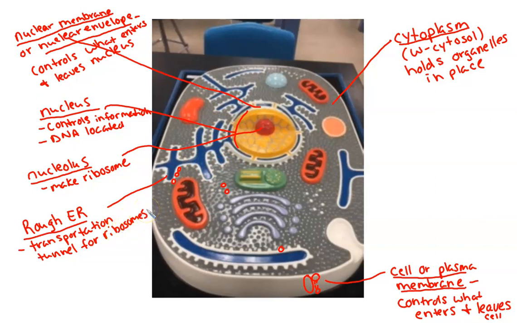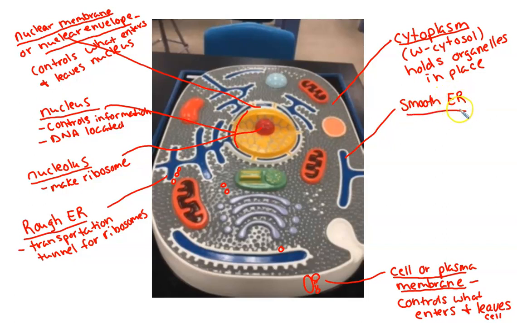While we're doing this blue thing here, you'll notice there's one in this model, and there are many others on a cell, that's also blue, but it doesn't have the dots on it. This is what we call the smooth endoplasmic reticulum, or smooth ER.